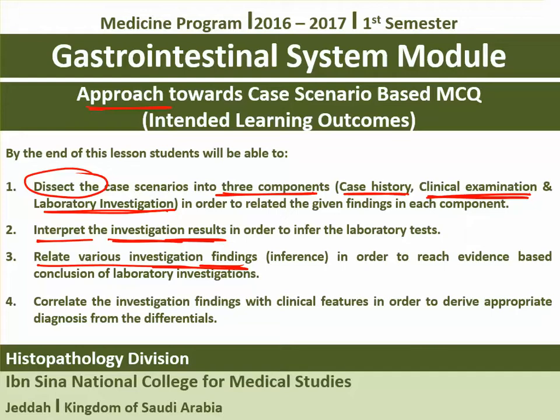So we have to relate all these three. Because of the severe ulcer there is a defect in the intrinsic factor, which automatically leads to vitamin B12 deficiency, leading to macrocytic anemia. See how it is related. Understand? So you should relate these investigation findings.